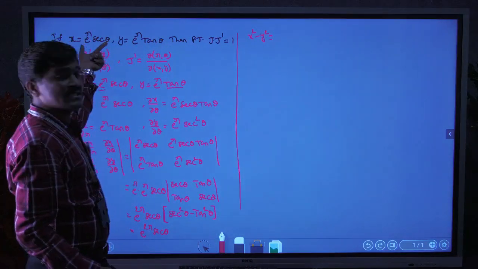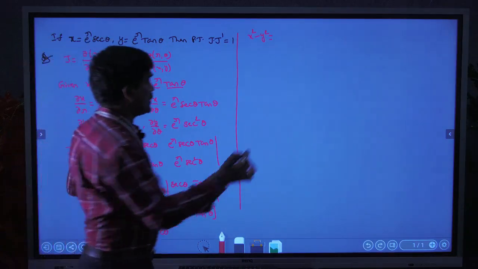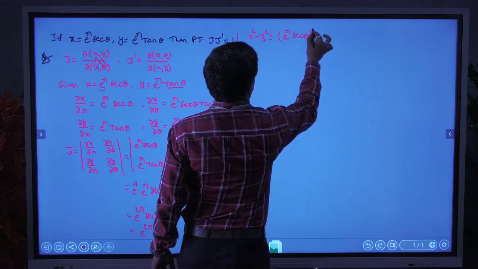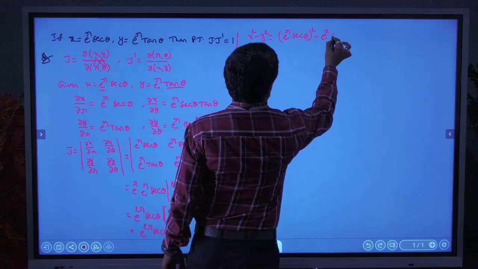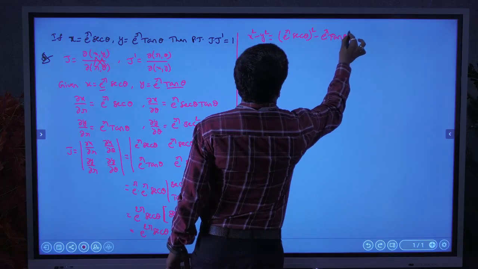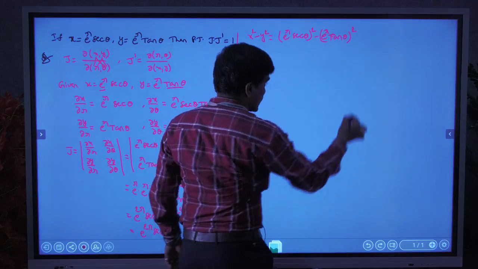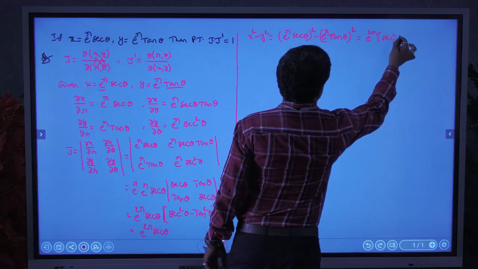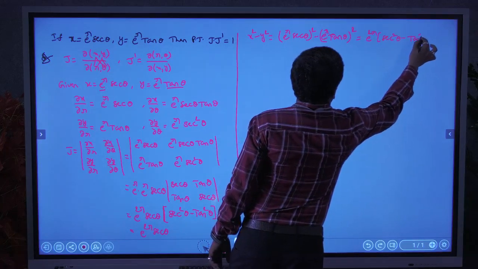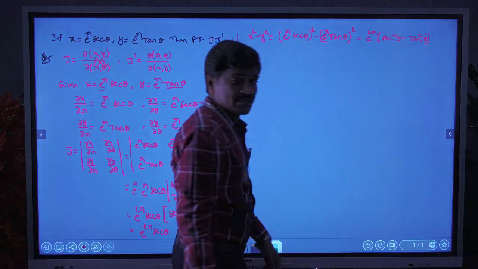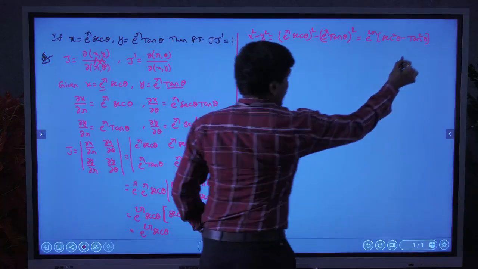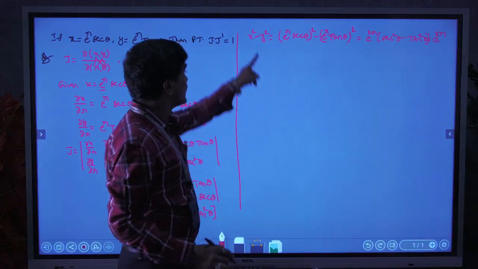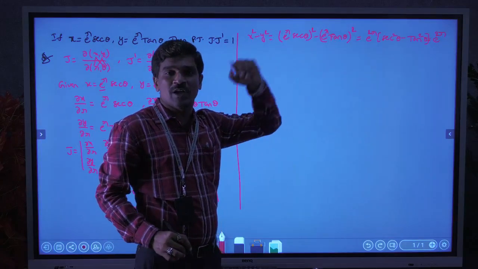Here x squared is (e^r sec θ) squared minus (e^r tan θ) squared. So that is e^2r (sec squared minus tan squared), right? What is sec squared minus tan squared? That is 1. So we get x squared minus y squared equals e^2r.